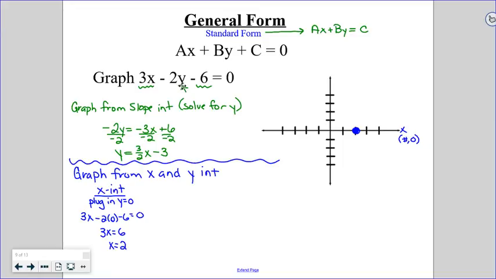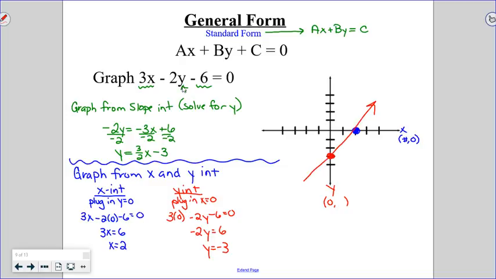Solving then for our y-intercept, again, to hit my y-axis, remember this is your y-axis, it would have to be 0, comma something. So we would plug 0 in for x. Solve for y. This would be 0, add 6, divide by -2, and we get -3. So I would put a dot on my y-axis at -3 and connect the two dots.